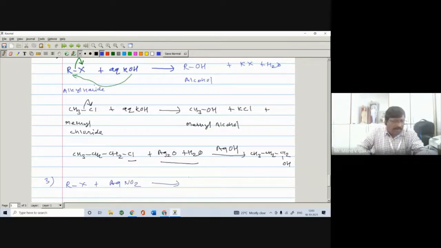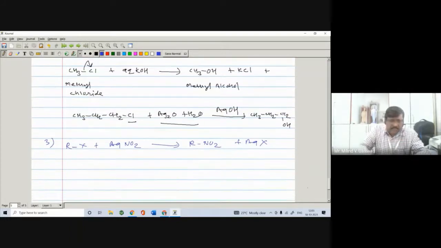Then there is a formation of RNO2, nitroalkane, plus AgX. The structure of AgNO2 is like this: here is the Ag, here is the O, here is the N with a double bond, and one lone pair on the nitrogen. So when silver nitrite is treated with alkyl halide, there is a formation of nitroalkane.